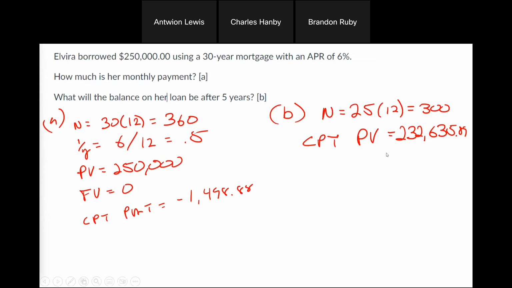If you do 60 times 1,500, rounding up, that's almost $90,000 in payments, and only about 67,000 or 68,000 is going towards principal. The rest is interest. So, okay, we can now do it on the calculator.